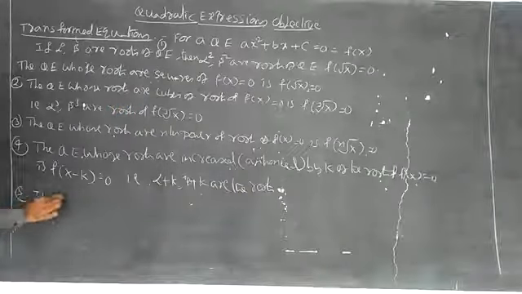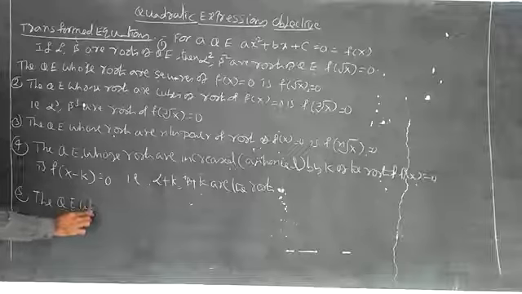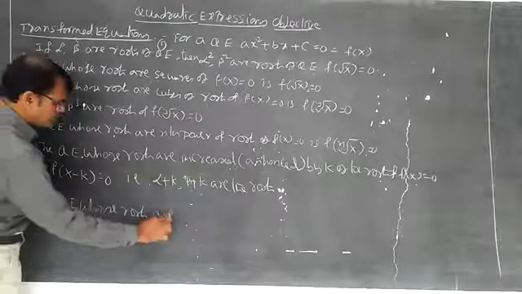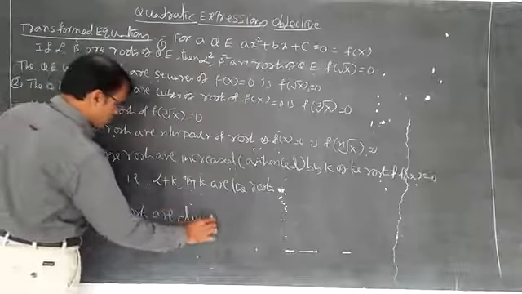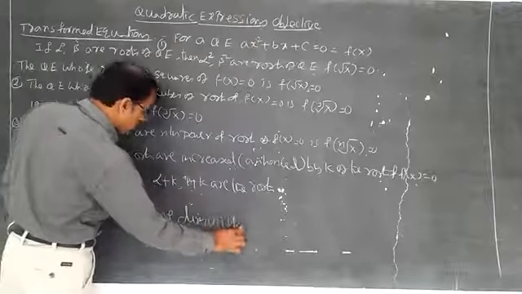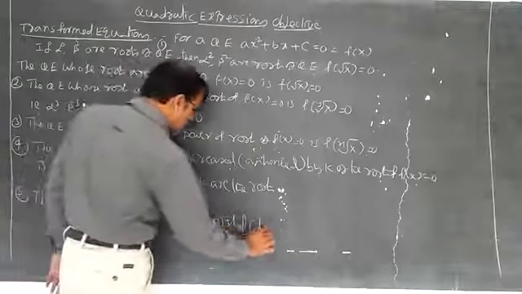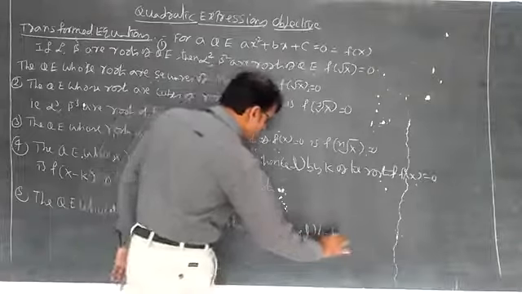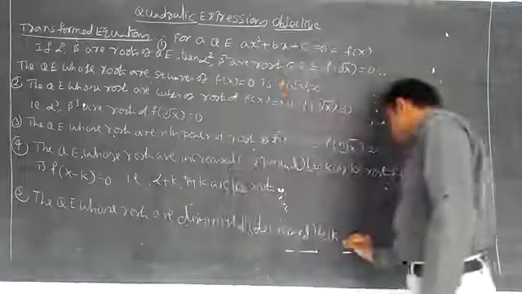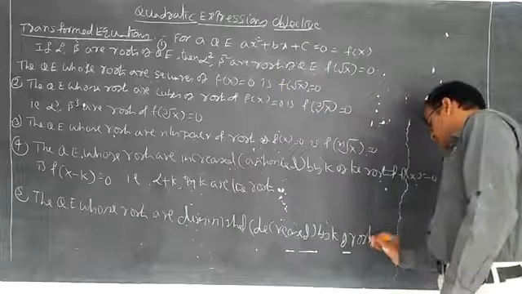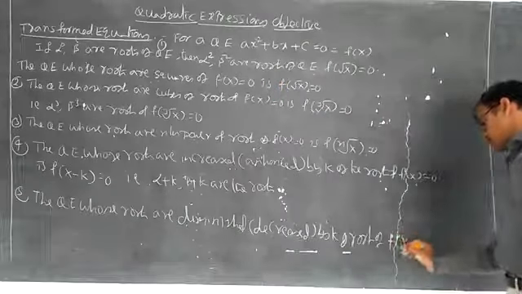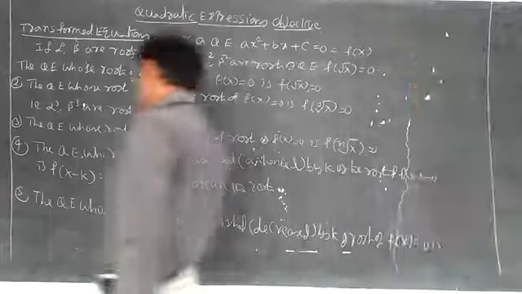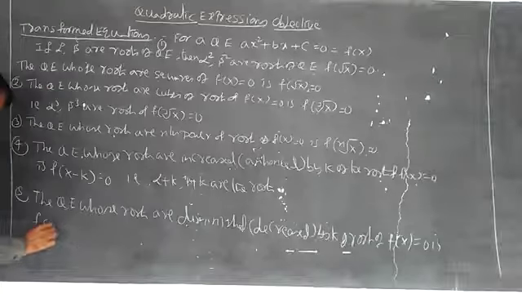Next one, the QE whose roots are diminished or decreased by k of roots of f of x equal to 0 is f of x plus k is equal to 0.